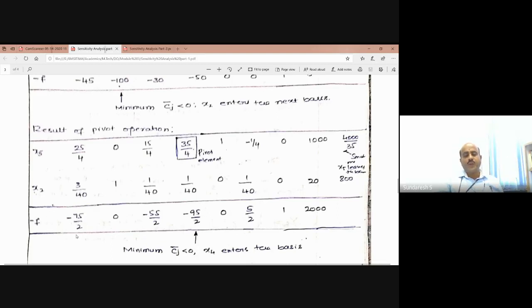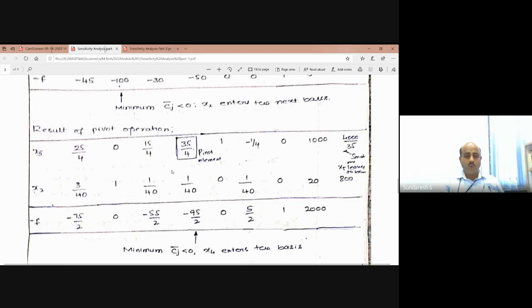Got it? Once you get these values, the first thing you have to find is the minimum value across the cost coefficients. The minimum value across this will be minus 95 by 2. So you select this column as the pivot column.